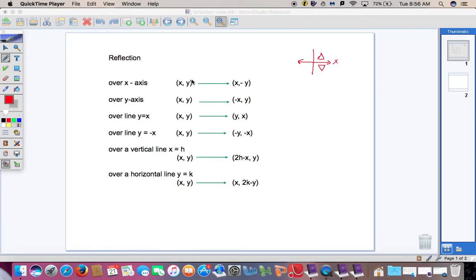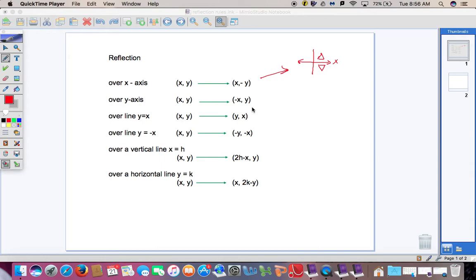So you take your original x, y coordinates, and your x's are going to remain exactly the same, and your y values would become opposites. Okay, so this is definitely something that you covered in Algebra 1. It's also something you covered in middle school. So we are not spending a lot of time with this, but I do want you to understand the application of the mathematical rule.